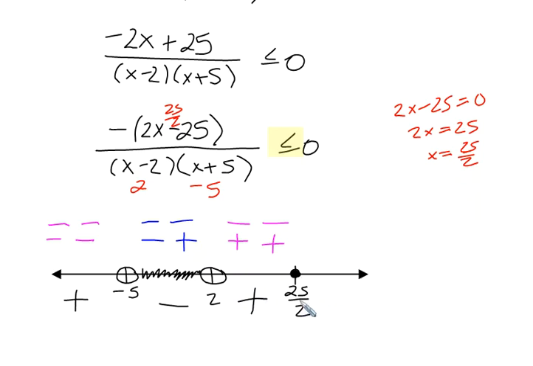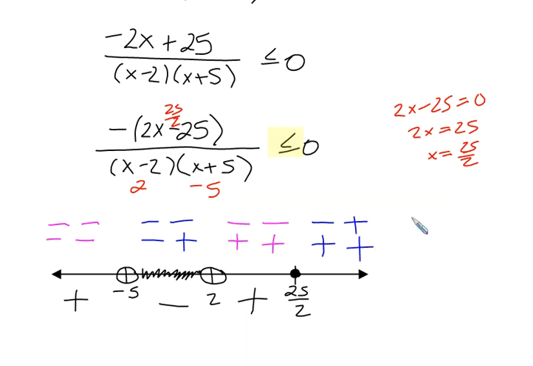Finally, let's take a value of x bigger than 25 halves, which is about 12.5. So let's say x equals 20. If x equals 20, we'll have a negative. 40 minus 25 would be positive. 20 minus 2 would be positive, and 20 plus 5 would be positive.